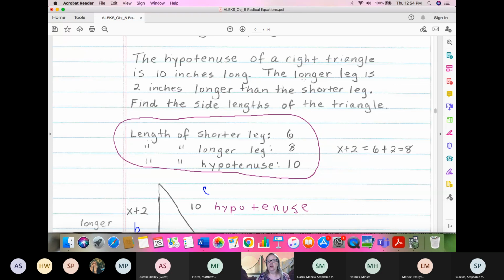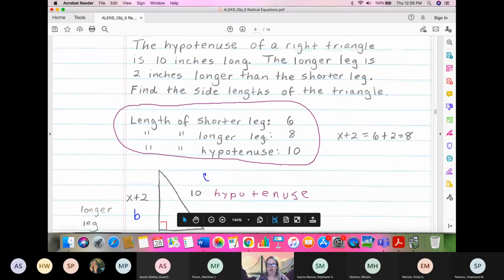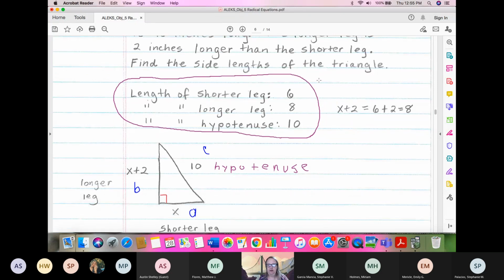Then it says the longer leg is 2 inches longer than the shorter leg. We don't really know anything about the shorter leg, so let's call that X. I drew my triangle so you could clearly see that that's the shorter leg.